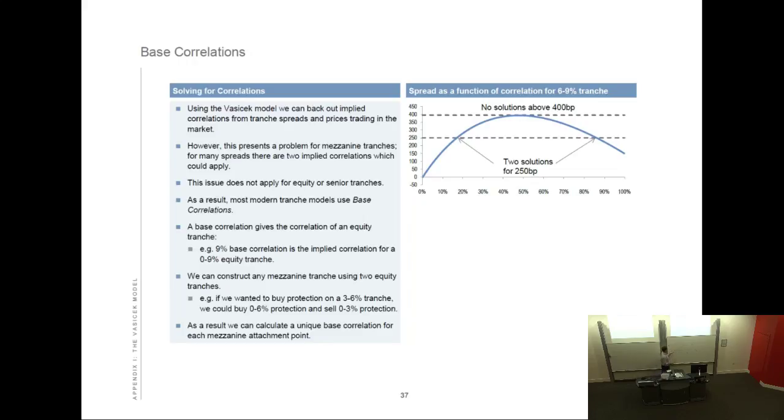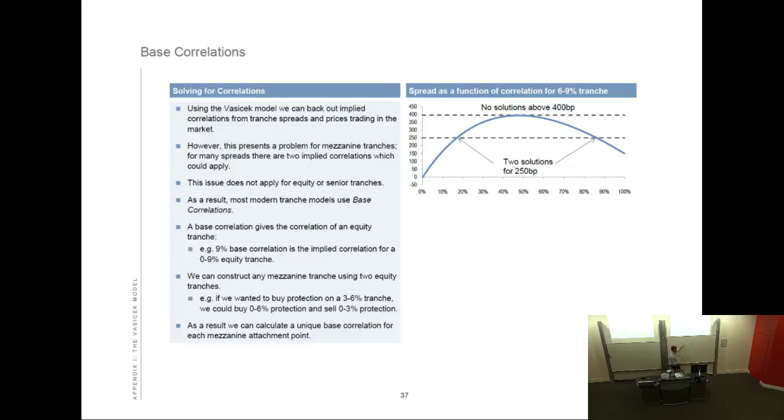But since a mezzanine tranche is the difference of two equity tranches, this one minus that one, it's no longer just an increasing function of correlation, but the dependency actually flips.